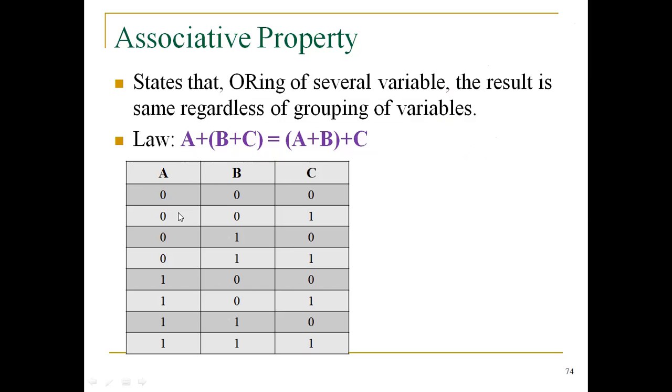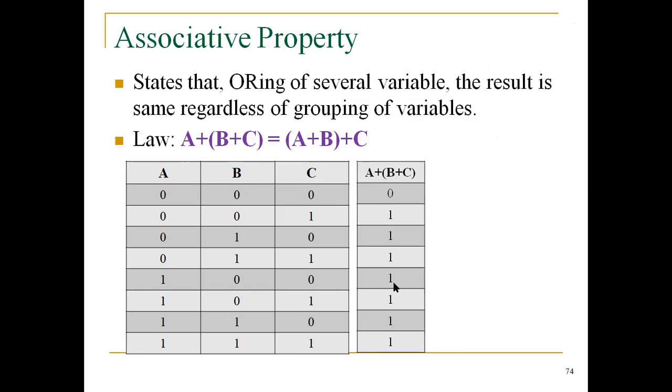So I assumed A, B, C, 3 variables, and their value may be 0 or 1. So accordingly, totally 8 combinations, starting from 0, 0, 0 to 1, 1, 1. So A plus B plus C equals what? 0 plus 0, again which is added to 0, 0 plus 1, 1, 1 plus 0.